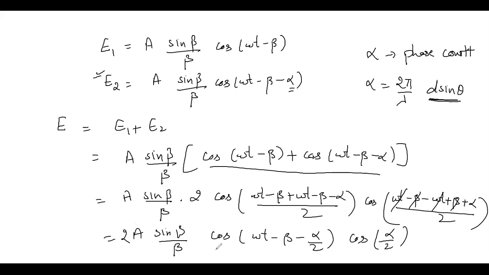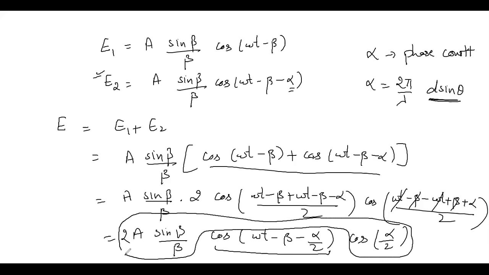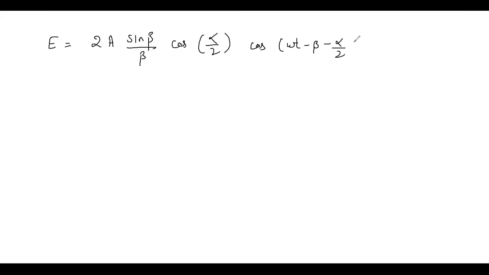Separate out the time term here. Apart from that, the other terms represent the amplitude, which are these terms here. So in this case, your E is equal to 2 times A sine beta over beta cosine of alpha over 2 cosine of omega t minus beta minus alpha over 2.